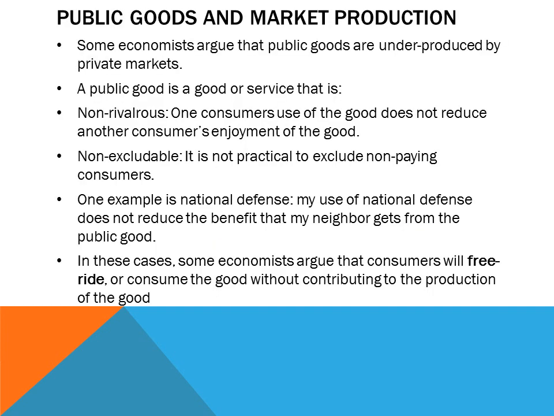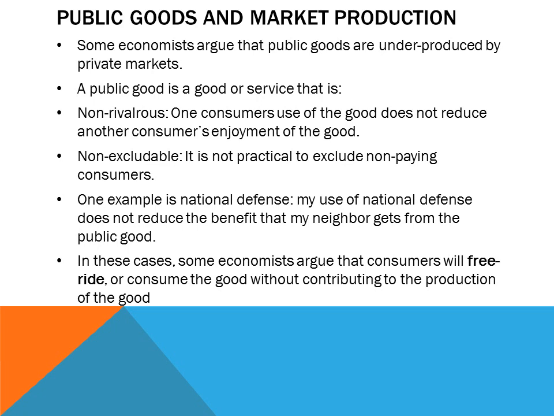Next, let's take a look at public goods and market production. Some economists argue that public goods are underproduced by private markets. A public good is a good or service that is non-rivalrous. This means that one consumer's use of the good does not reduce another consumer's enjoyment of the good. They are also non-excludable. That is, it is not practical to exclude non-paying consumers. One example is national defense.